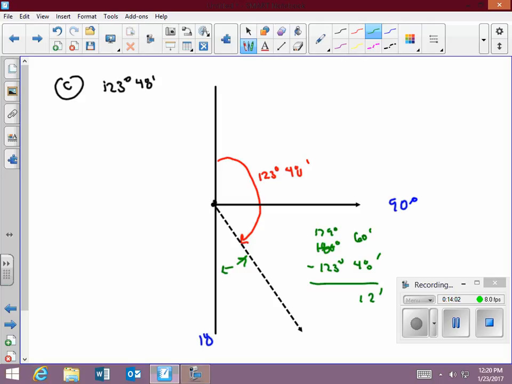So when you subtract them, you're going to have to remember to do that. Okay, and then this is 6. So it's 56 degrees. So this is going to be south 56 degrees, 12 minutes east.